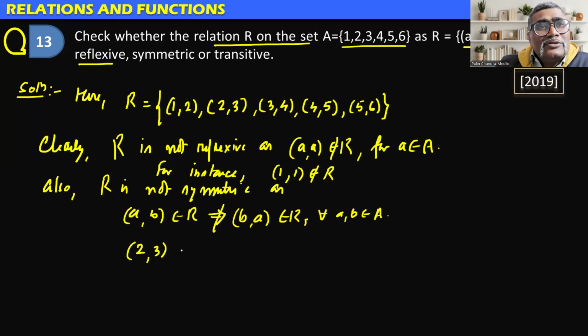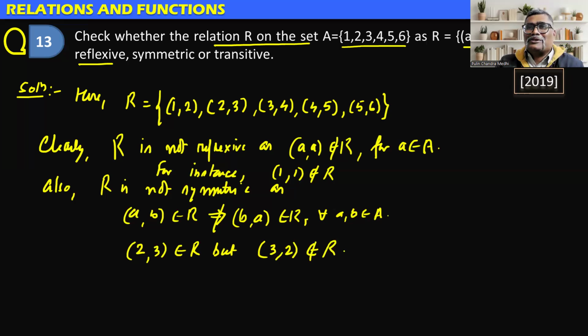You can write 2 comma 3 belongs to R, but 3 comma 2 does not belong to R. It's done. Okay. So it's not symmetric. I'm just writing "not symmetric" because it is more like the mathematical part I am doing. Please add the proper statement while doing.